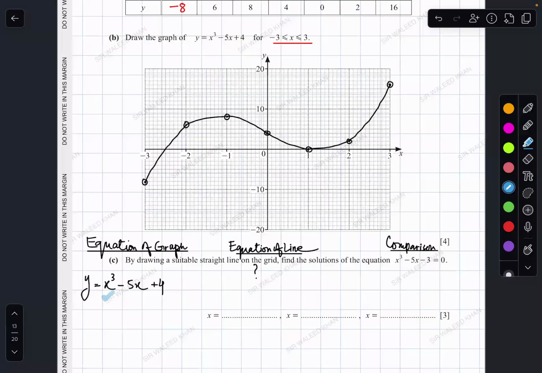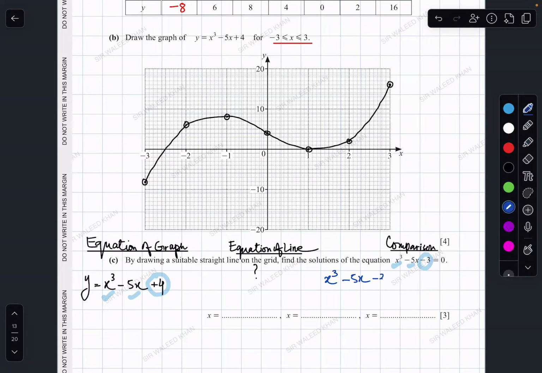So looking at the first term, both are the same. Looking at the second term, both are the same. So I'm just going to write them as it is. X cube minus 5x. Looking at the last term, there is a difference over here and over here. So I have to make this minus 3 into a positive 4. How can I do that?